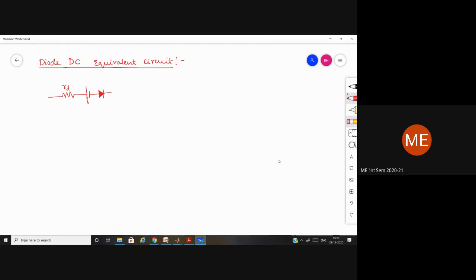Then what is the difference between this DC equivalent circuit and the AC equivalent circuit? In the AC equivalent circuit, along with this, you'll use a capacitor. We'll study the AC equivalent circuit in the upcoming topics. Now you might wonder, why are we not using a capacitor in DC, and why do we use a capacitor in AC?